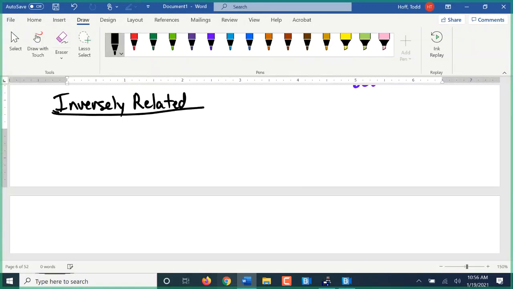And we'll talk about direct variation and inverse variation sometime next week, I believe, at some point before we're done here. Next couple weeks. Inversely related means rather than being equal ratios, we have equal products.